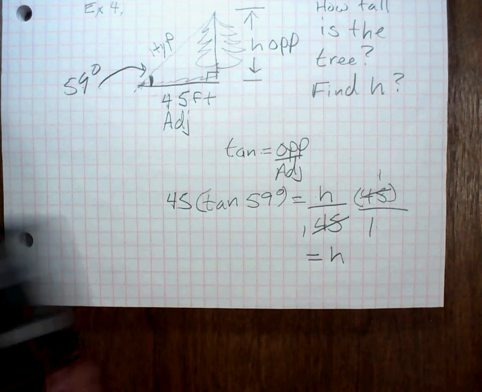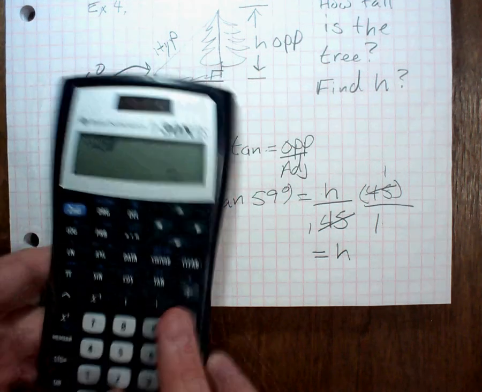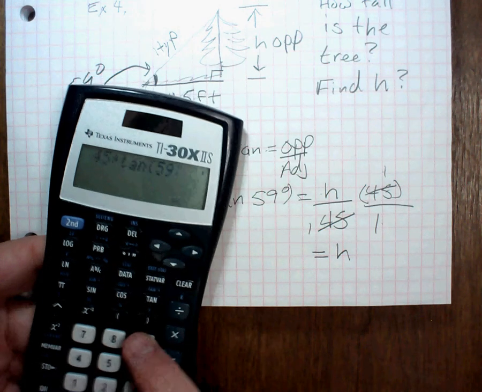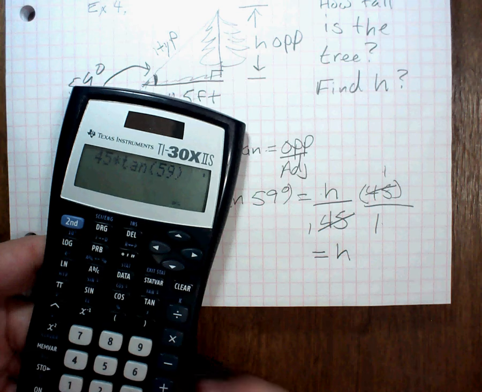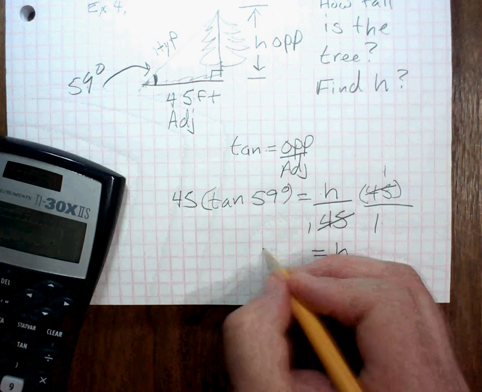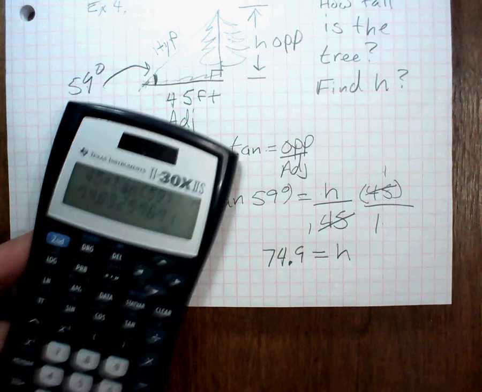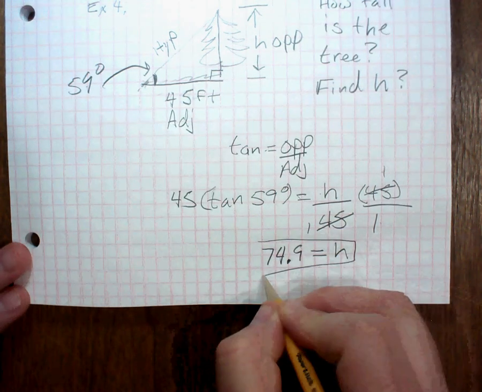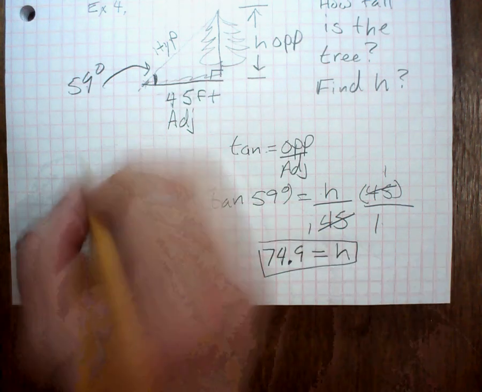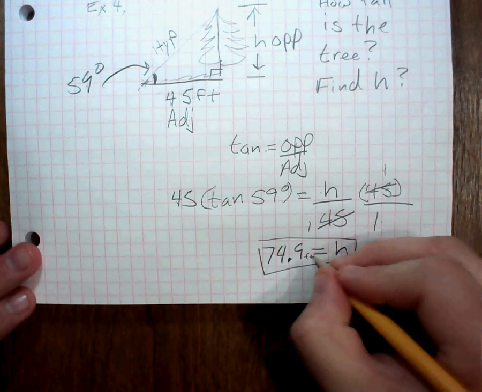On this side, I could do that all in one swoop: 45 times the tangent of 59 degrees. That gives me a numerical value, 74.9 if I round to the nearest tenth. In other words, the height of the tree is about 74.9 feet.